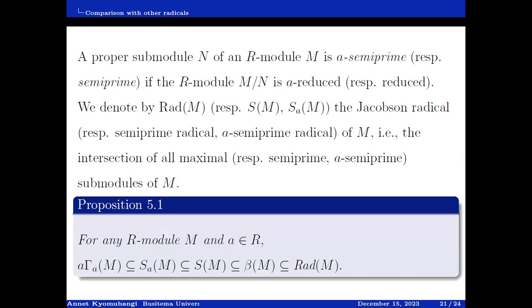Then we have the prime radical, which is the intersection of all prime submodules of M. Comparing our local nilradical with these known radicals, we find that it is very small. It is the smallest radical, contained in all these radicals.